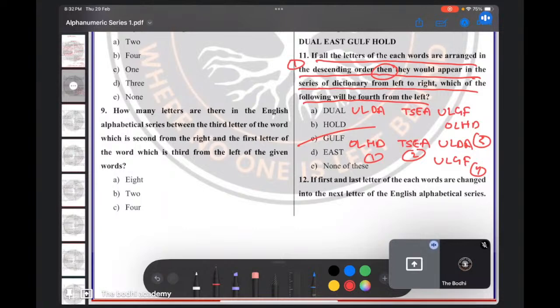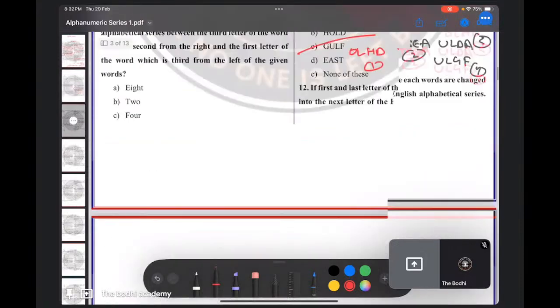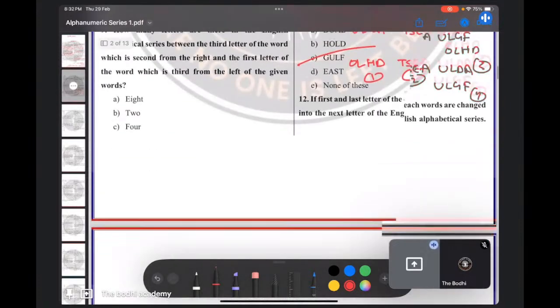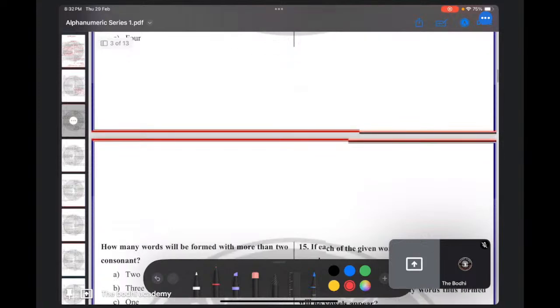Take the screenshot of question number 9 also. Now, the first and the last question is completed. Question is, if the first and the last letter... I will write the question here.